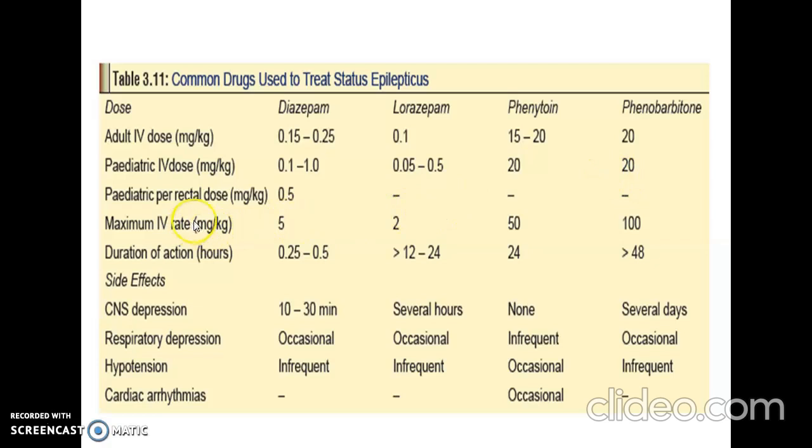In pediatrics, a rectal dose is also preferable: diazepam 0.5 mg per kg can be used.